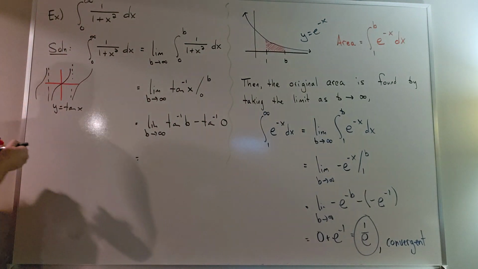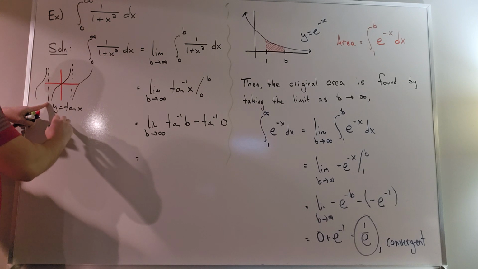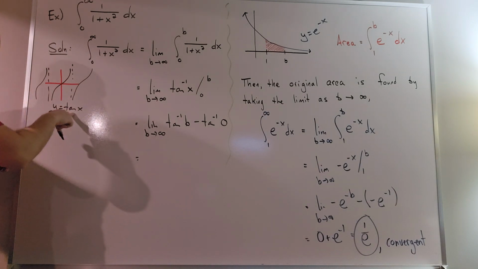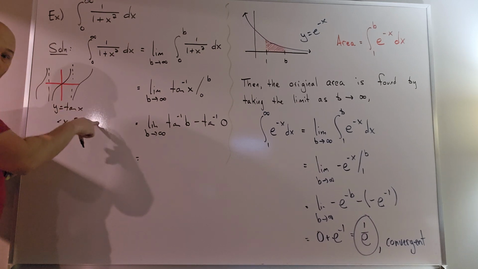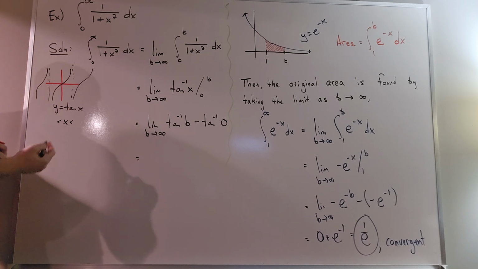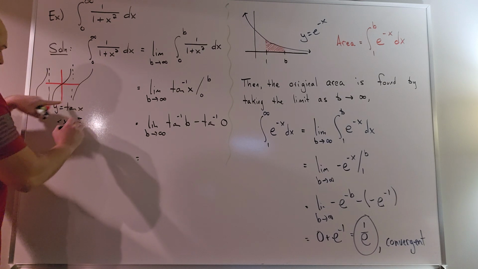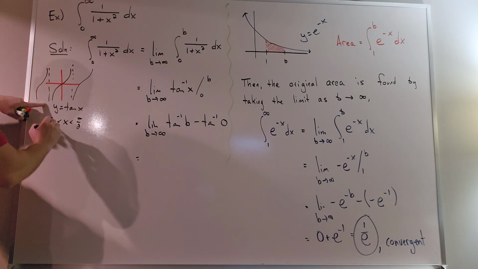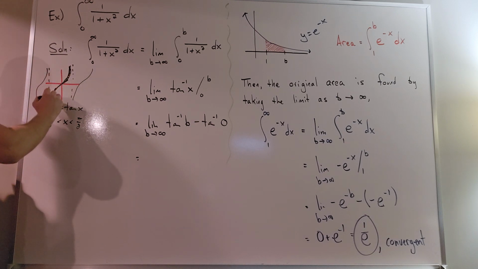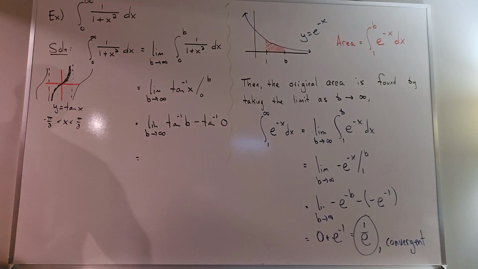Meaning I have to restrict tangent to be between these two vertical asymptotes. When is the tangent undefined? Remember, tangent is sine over cosine, and the denominator, cosine, is 0 at odd multiples of pi over 2, so this would be pi over 2, and this would be negative pi over 2. So I have to restrict the graph of the tangent to just this portion right here in order to have an inverse function.